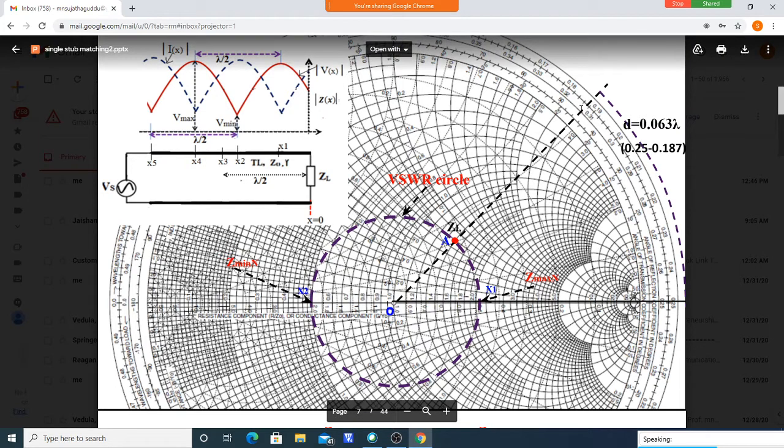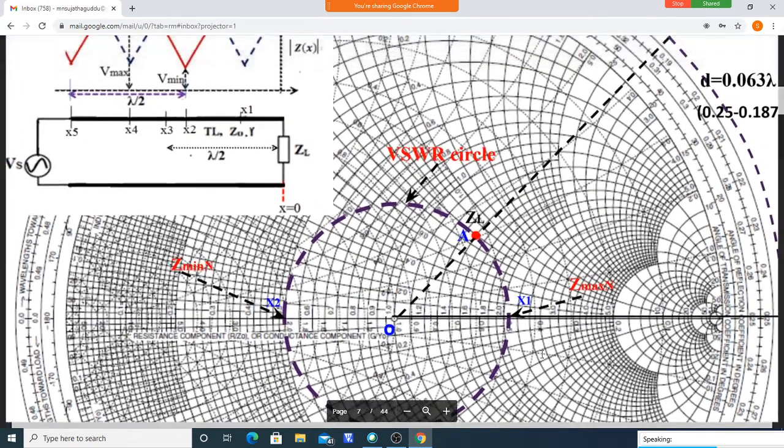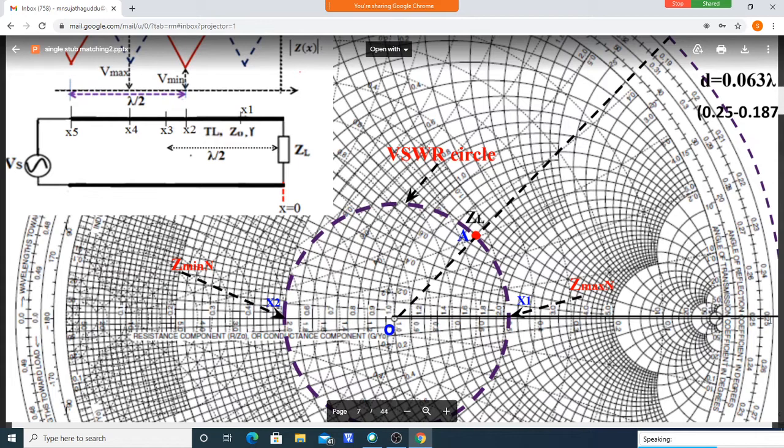So in the wavelength scale you read what is the value here, and what is the value here. First you should take this higher value, which is 0.25 on the wavelength scale towards the generator. I have taken 0.25.